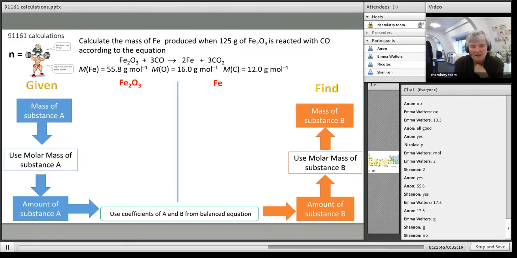There's the one, the Fe2O3, and make the other one in blue, there's the Fe. So I've kept similar ideas just so that the molar masses are going to be easy to work out. So we know the molar mass of Fe is a mass of 1 mole, not of 2 mole, as shown there. It's a mass of 1 mole, so that's going to be 55.8 grams per mole.